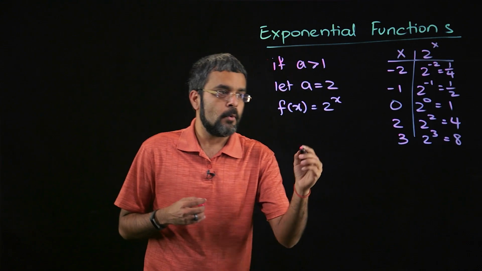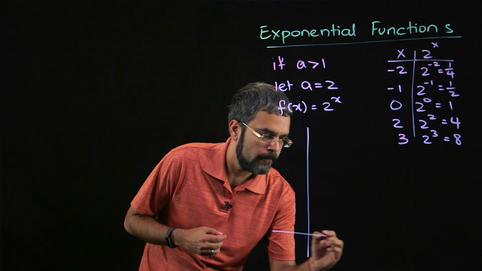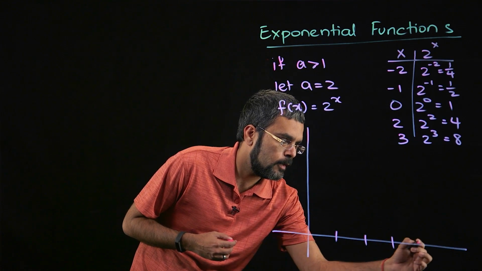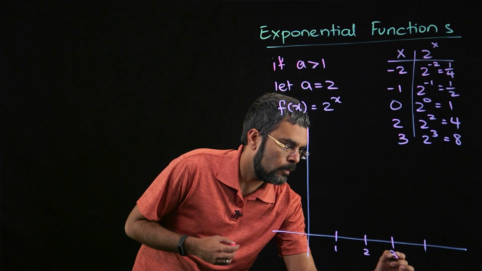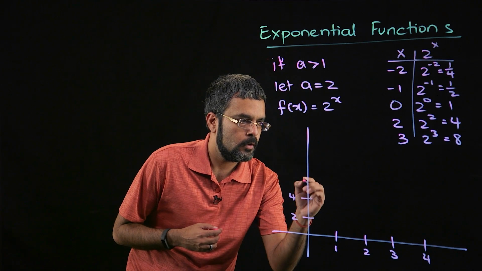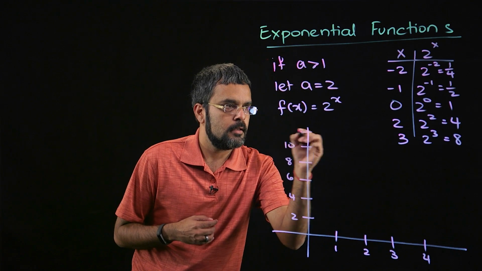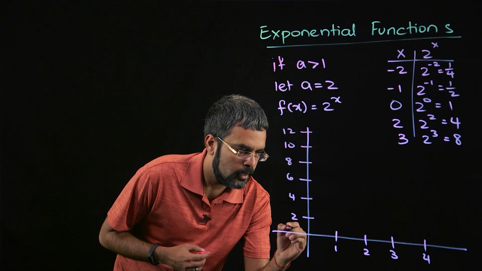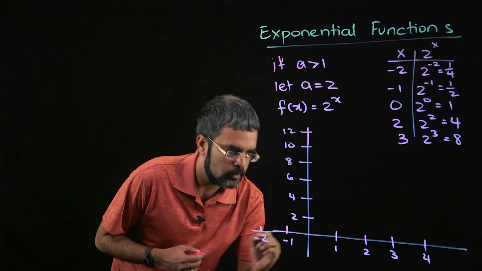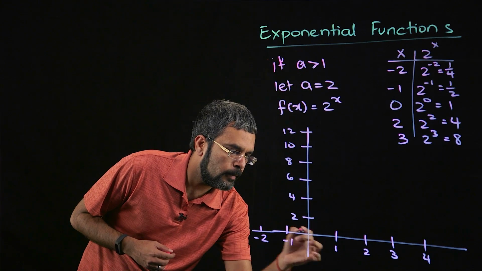Right? So let's go ahead and plot our points here. At negative 2 I have 1/4, so 1/4 is going to be about here somewhere.